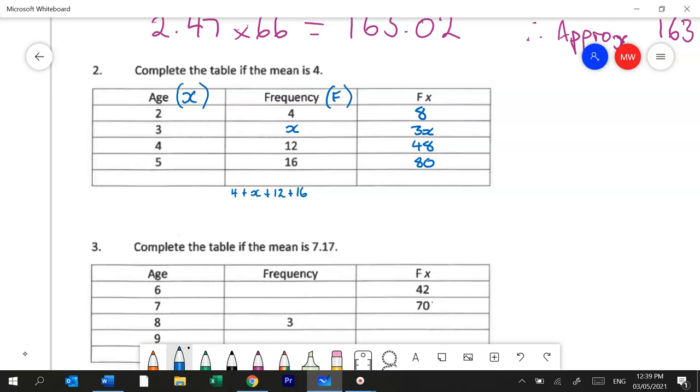So 4 plus 12 makes 16, 16 plus 16 makes 32, so I've really got X plus 32 here, and I'll write that in. And then over on this side, I've got 8 plus 3X plus 48 plus 80. It's going to give me 3X plus 136, which is what I'm going to write in here.